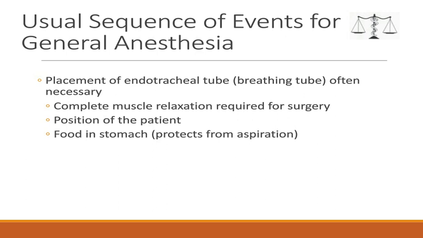Another reason, and this has a great deal of applicability in obstetric anesthesia, is that there may be food in the stomach. An endotracheal tube has a balloon near the end of the tube that, when it's blown up, seals the walls of the trachea or the windpipe, so that anything that comes up into the throat and runs down into the trachea doesn't get into the lungs.